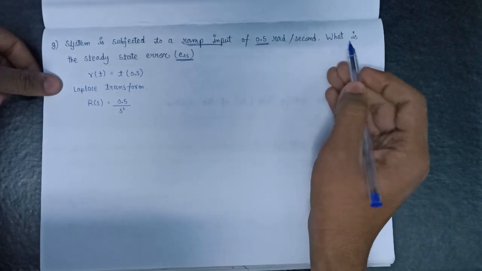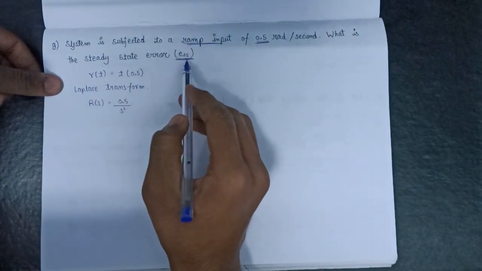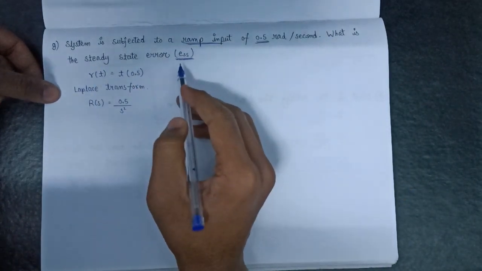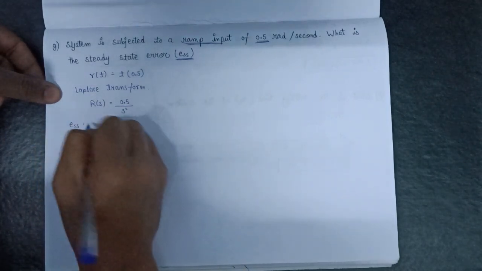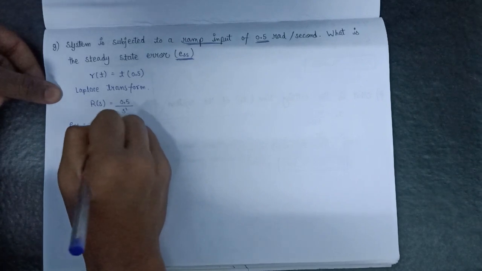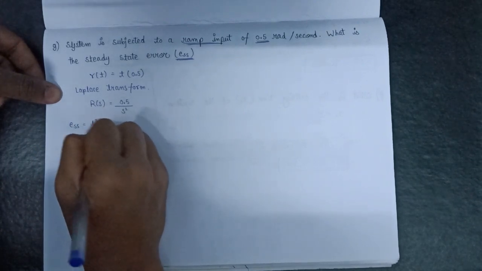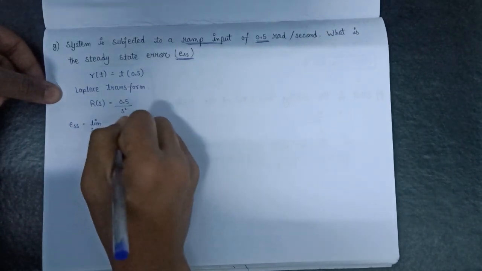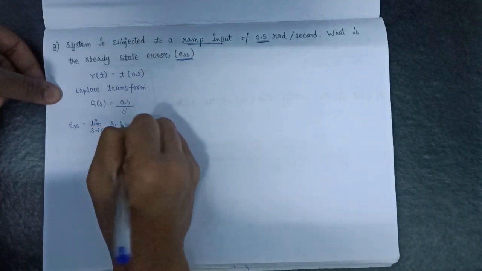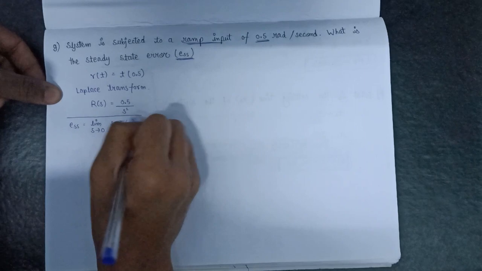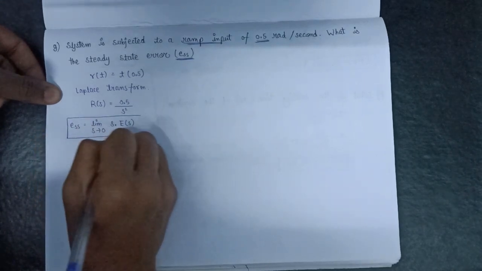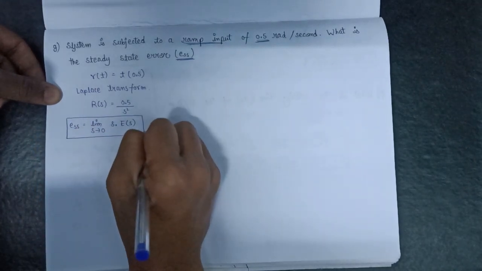And since we want to find out the steady state error, that is E of SS, then the steady state error E of SS is nothing but equal to limit s tends to 0 s into E of S. This is the formula for calculation of steady state error.